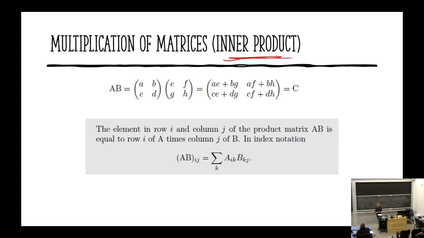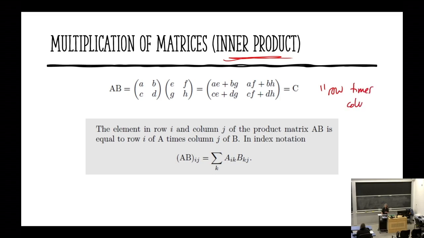What we see when we look at this equation is that the product matrix C, the element in the first row and the first column, is obtained by multiplying each element of the first row in A times the corresponding element of the first column in B, and then adding the results. So we often refer to this process as a row times column process.